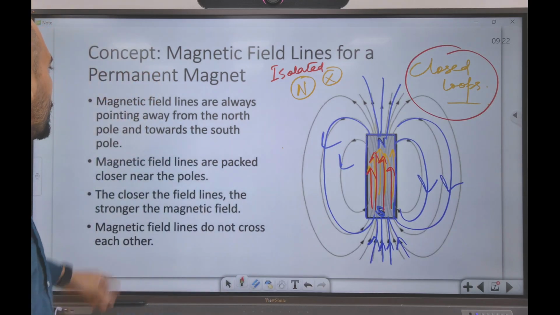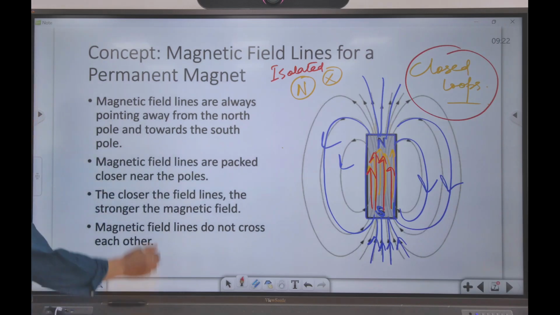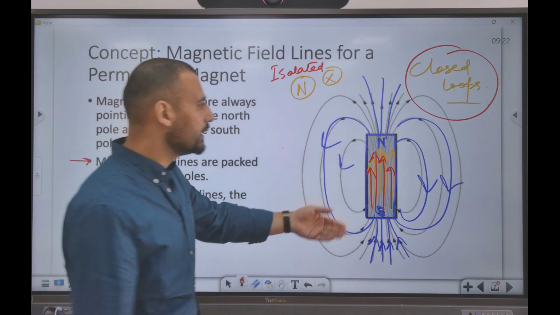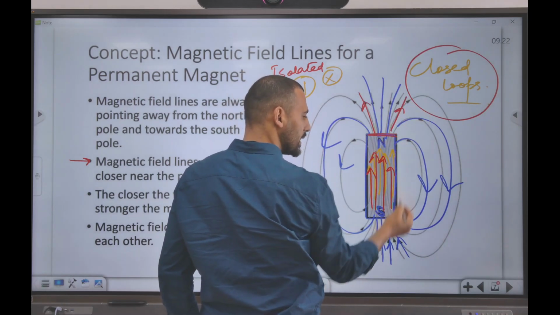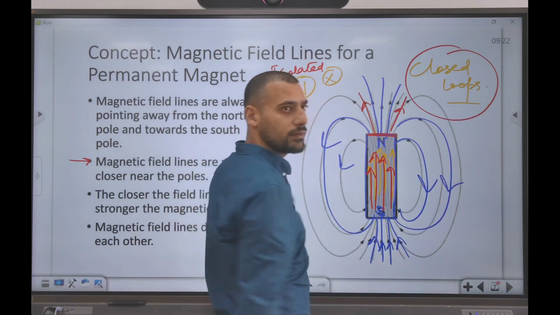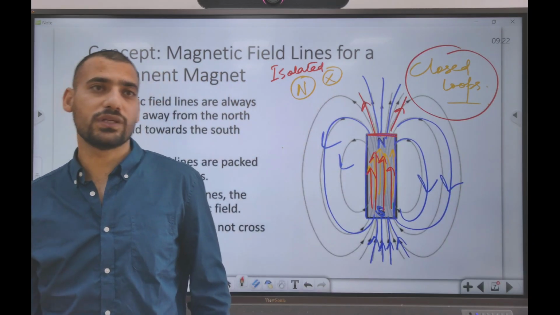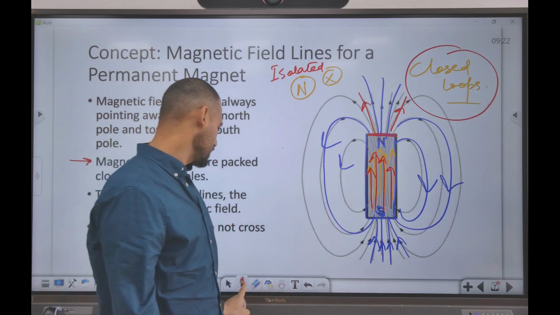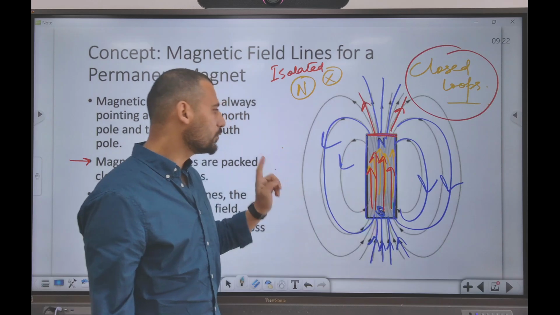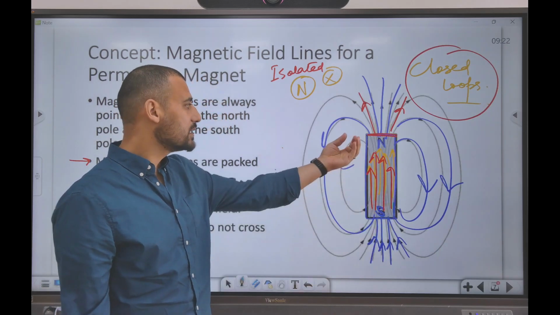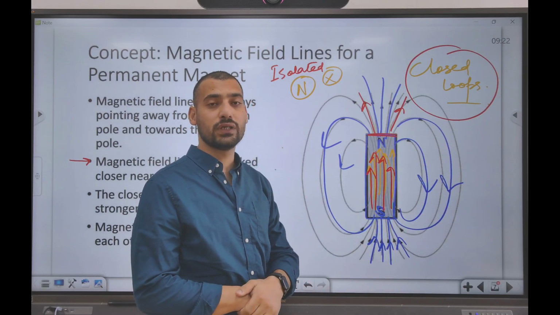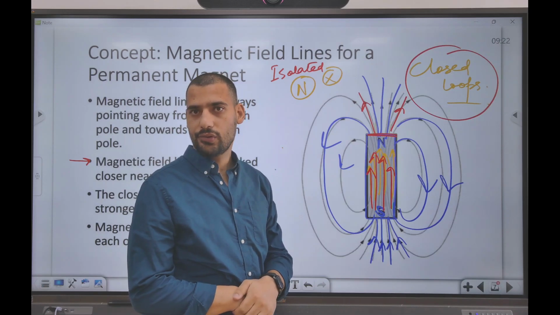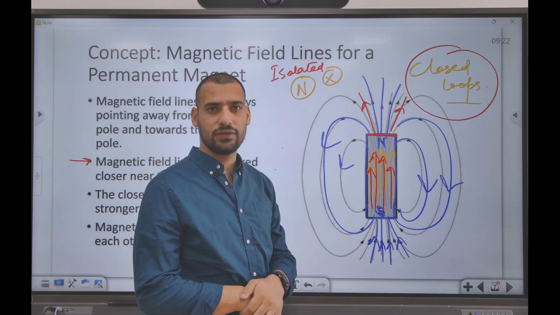Okay. Some other property. The magnetic field lines are packed closer near the poles. Now see, the density of these field lines is much higher at the poles as compared to in between, right? Can you tell me what you conclude from this fact? I have taught you in the previous class. The density is more at the poles and less at the other regions. I talked about flux in the previous class, if you remember.